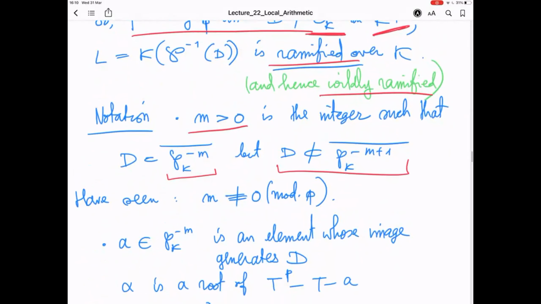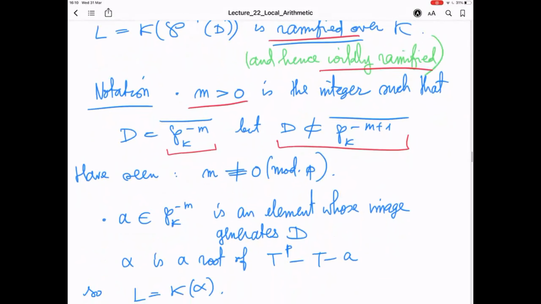It's an increasing filtration or whatever. I mean, what you have is ℘_K^{-m+1} bar is contained in ℘_K^{-m} bar. So you can have lines here which are not contained in this subspace, right? So take such a line D.